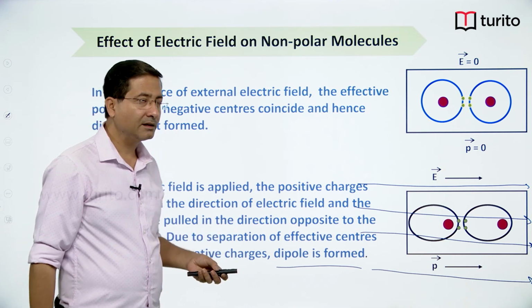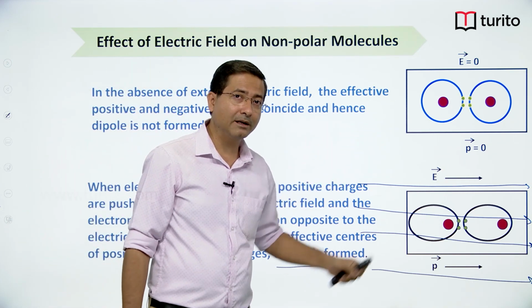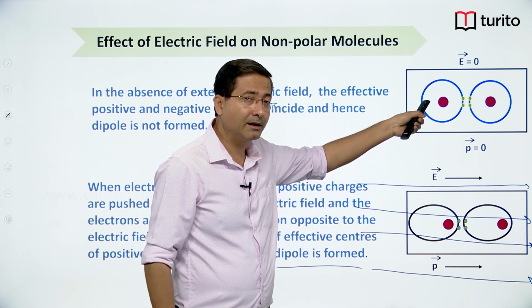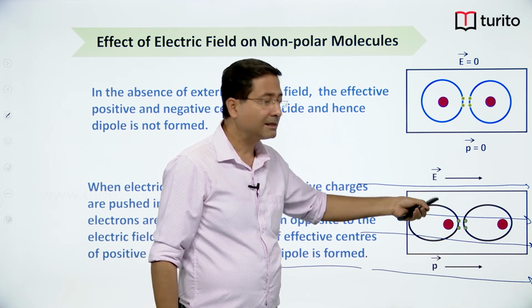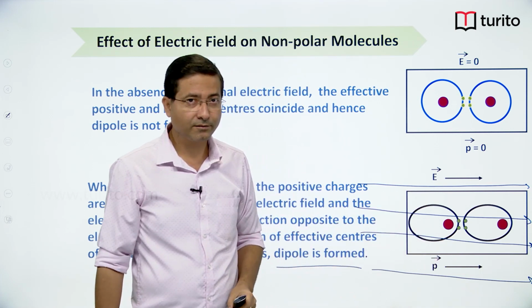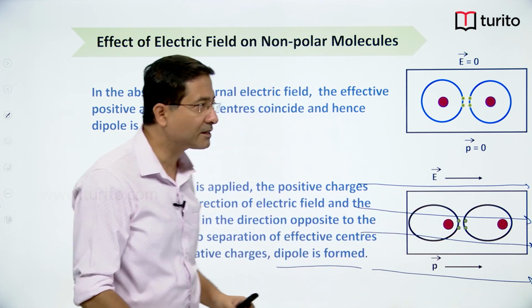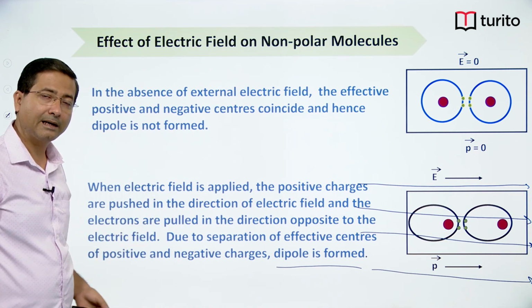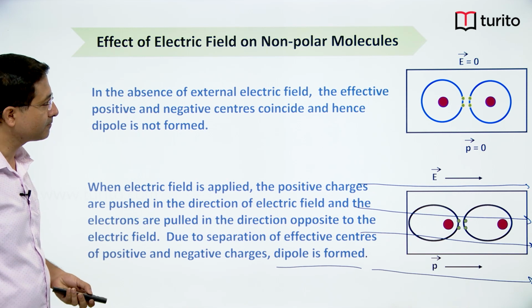In the non-polar case, initially no molecule has any dipole moment, but when subjected to a field, a dipole moment is produced, right. So, this is the basic difference between non-polar and polar dielectrics. I hope it is clear.